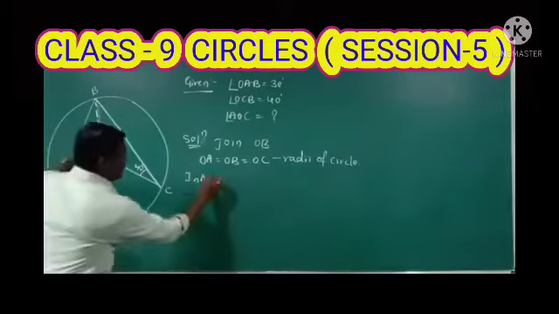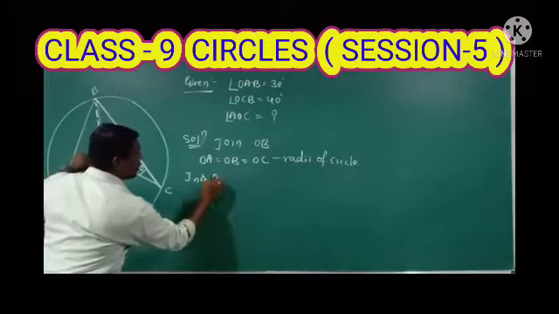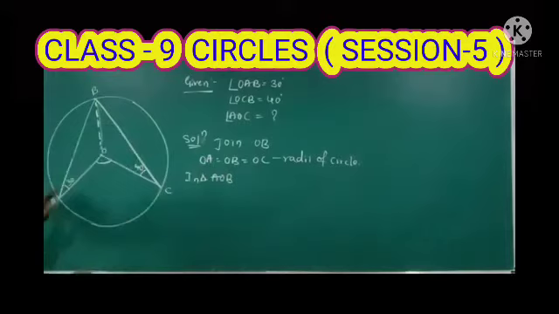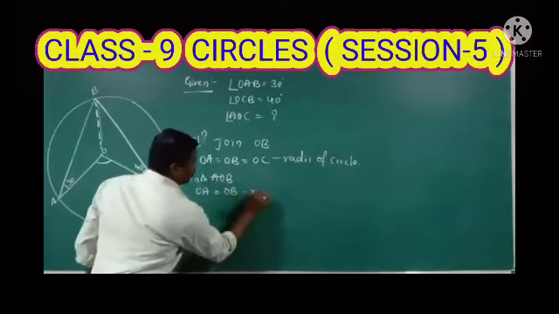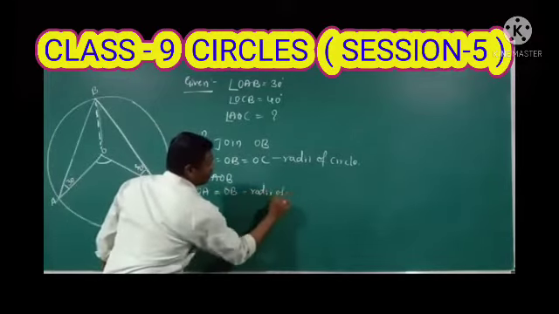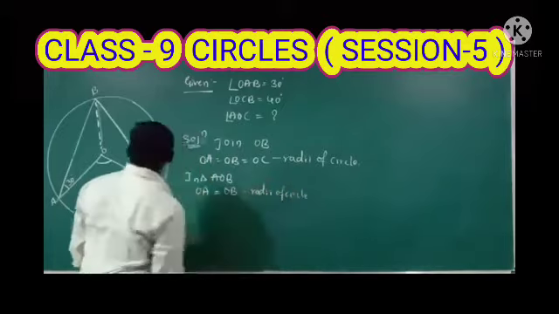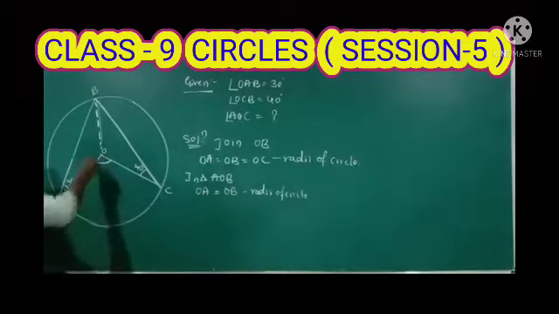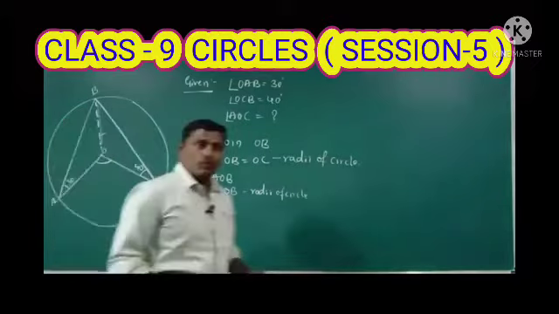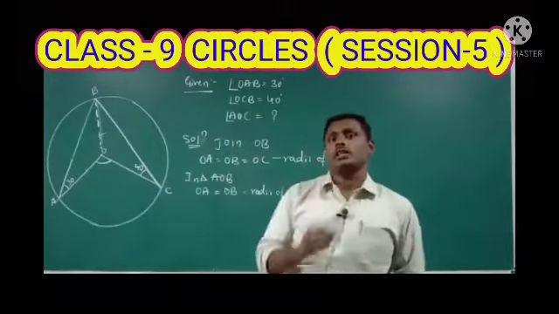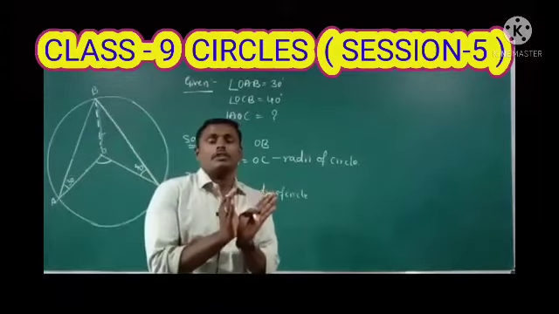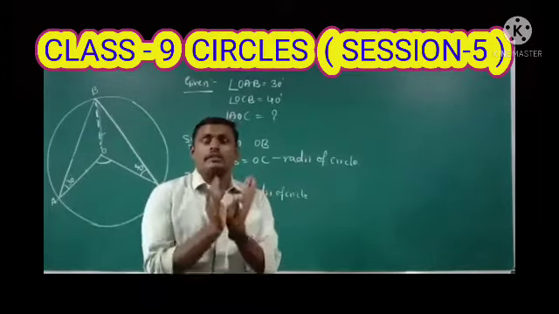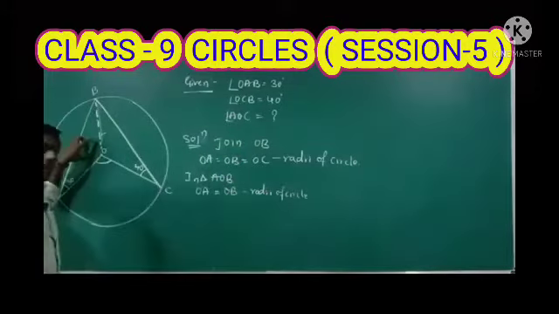In triangle AOB, OA is equal to OB, radii of the circle. If two sides are equal, what do you call that triangle? Isosceles triangle, right? In a given triangle, if two sides are equal, that triangle is considered an isosceles triangle.